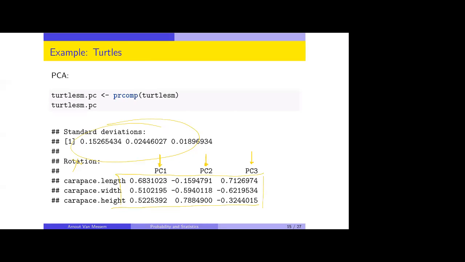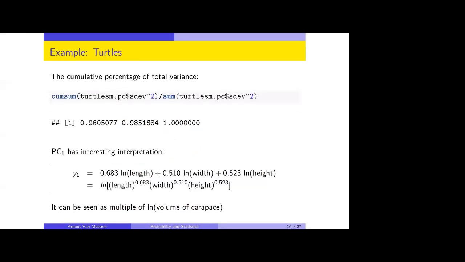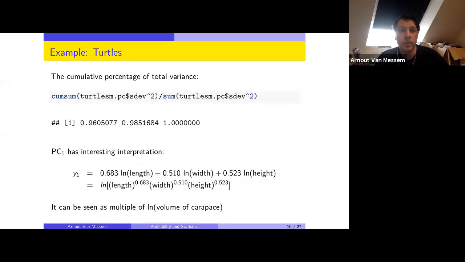The next slide shows how to use these values for the principal components. This one is lambda 1 divided by lambda 1 plus lambda 2 plus lambda 3, so the lambdas you get by squaring the standard deviations. The second one is lambda 1 plus lambda 2 divided by all three, and then this is everything.